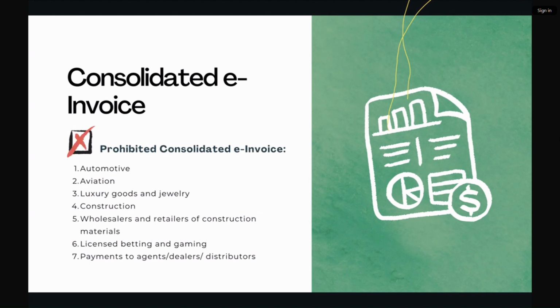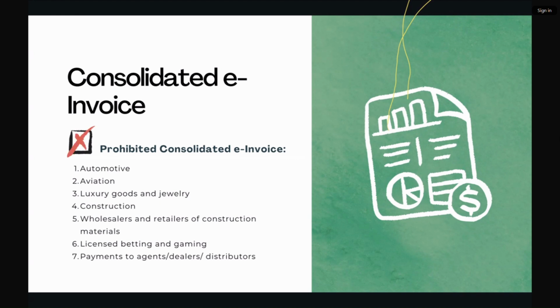But there are some industries prohibited from using consolidated e-invoice, which means for all transactions you have to obtain all their information, including TIN number, business registration number, or, if it's an individual, their IC number. Which ones are they?